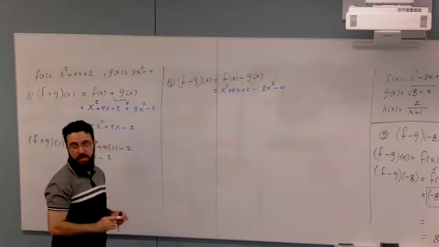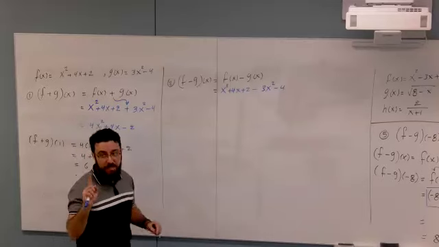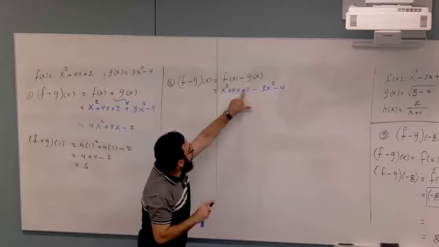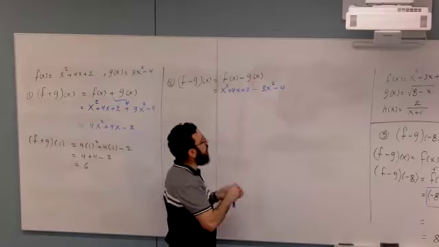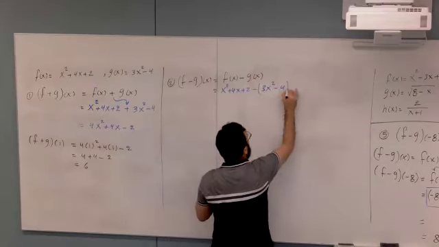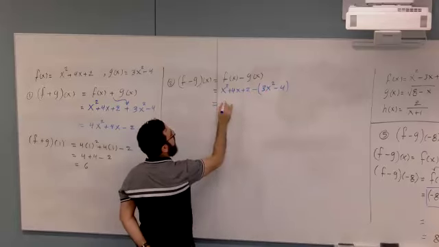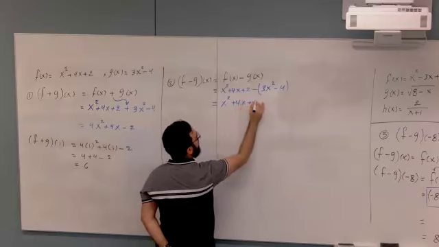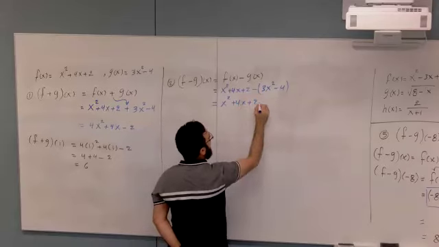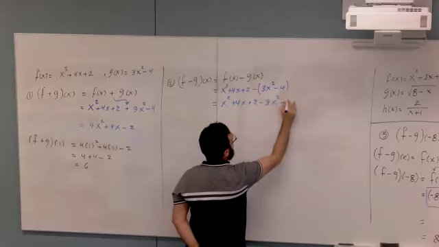That's wrong. Parentheses. You're going to put parentheses. You have to be careful because the minus g of x applies to the whole function. So the whole function should be in parentheses, and then you distribute the sign. So it's going to be x squared plus 4x plus 2, negative times 3, negative 3x squared, negative times negative, positive 4.